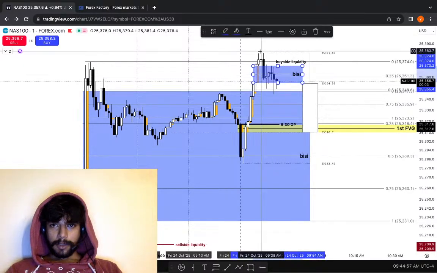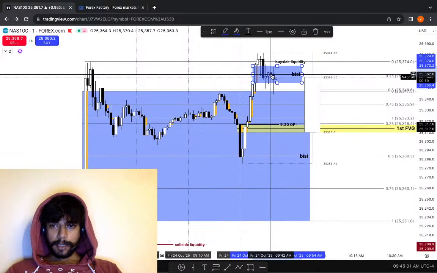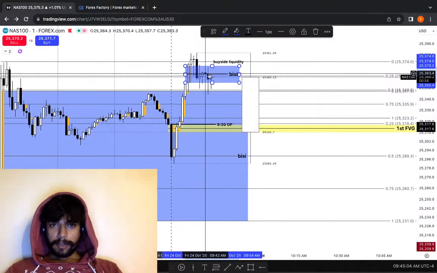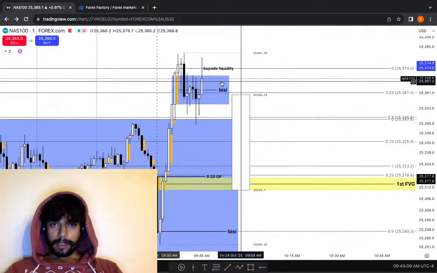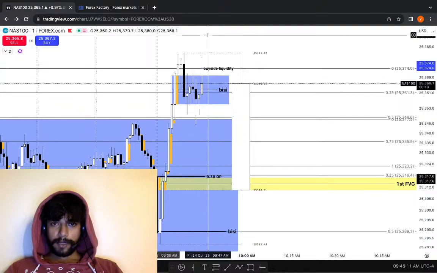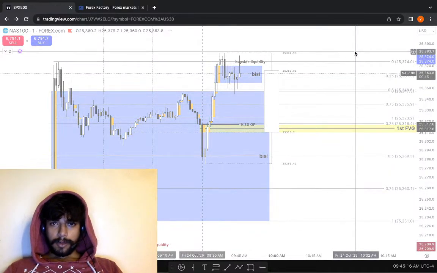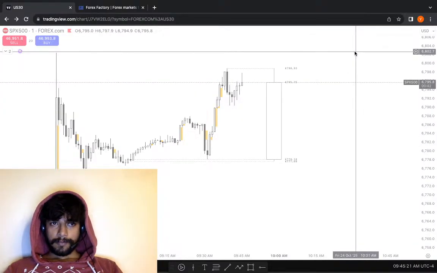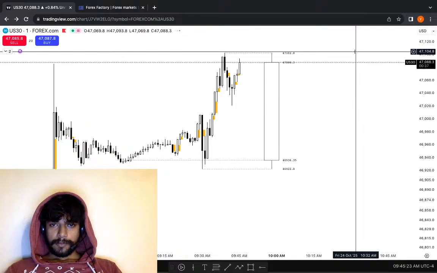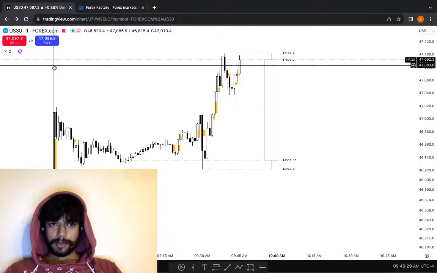Here it was moving smooth, but right now it is just chopping around, and this is what time distortion looks like. Okay, look at that, they bumped it higher at 9:45, but they could not take out that high, and in US 30 they took out this high right there.